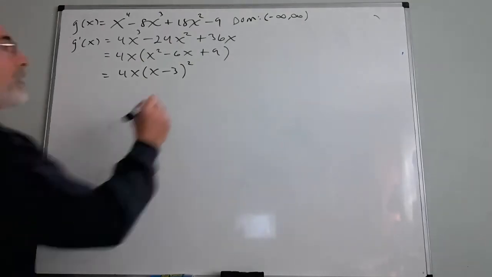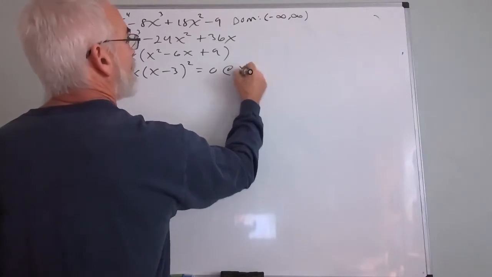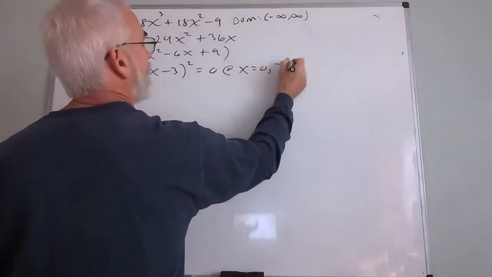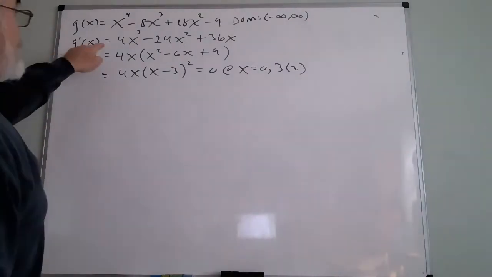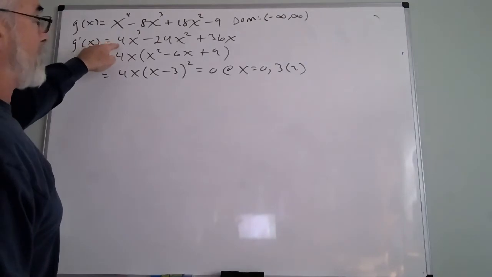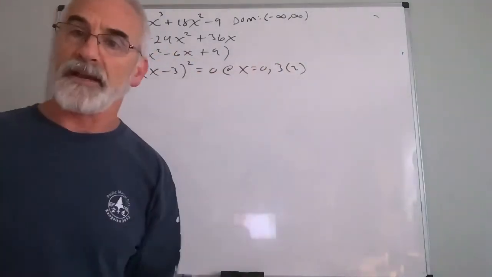Okay, this will equal 0 at x equals 0 and 3, and I'm going to put the little 2 there. Remember that multiplicity. My first derivative is a 3rd degree polynomial, so there should be 3 roots. One of them is repeated, so I really only have 2.